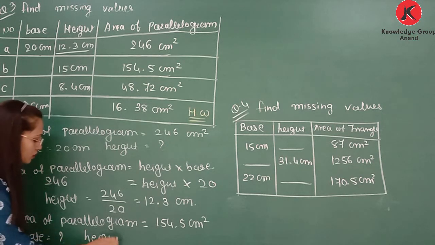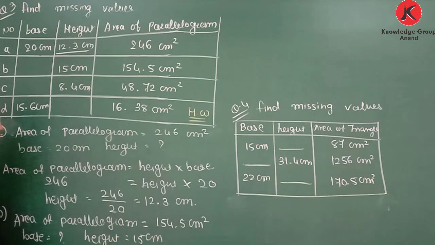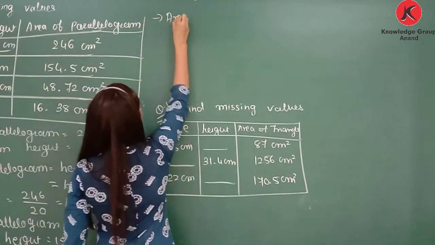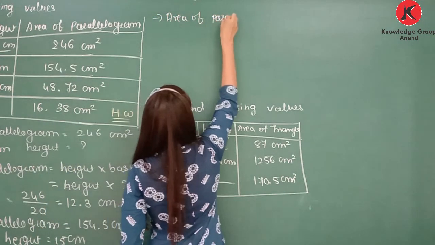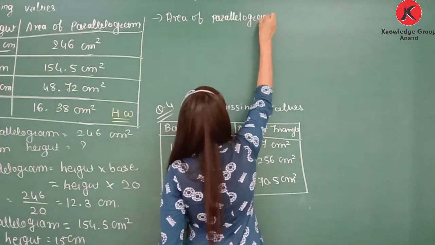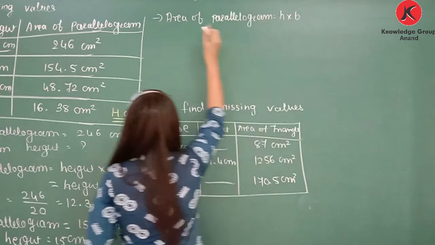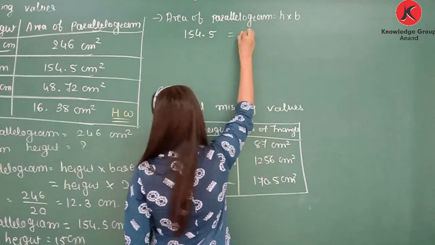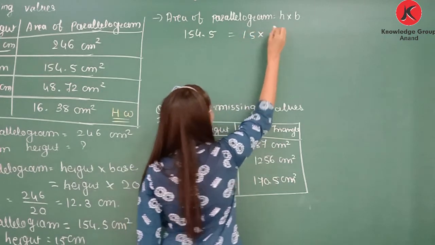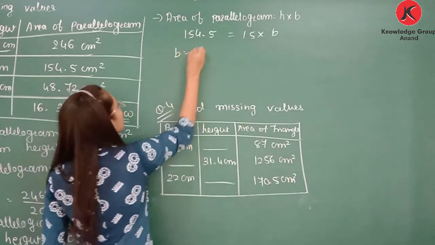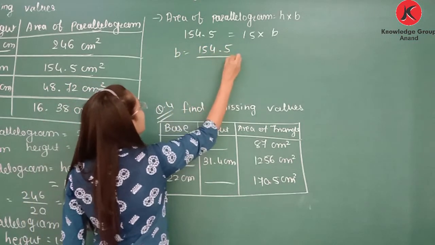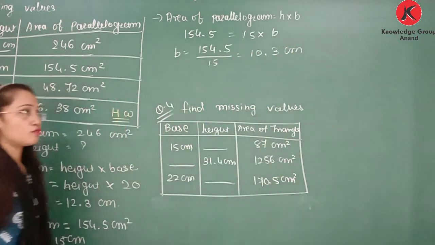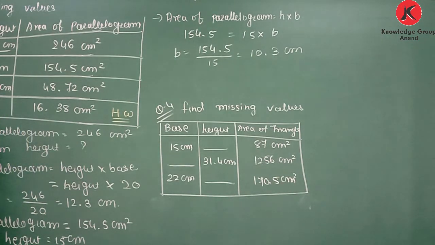We use the equation area of parallelogram is height multiplied by base. Area is 154.5, height is 15 and base we need to find. To find base, 154.5 divided by 15. That will give you 10.3 centimeters.